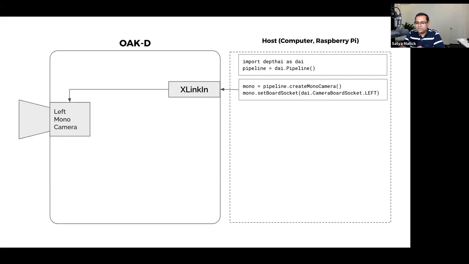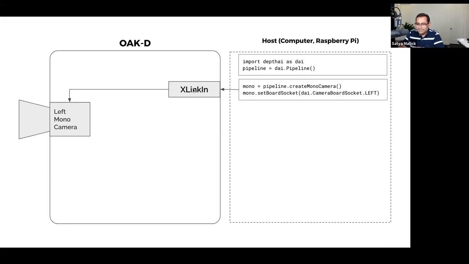Okay, so we created this mono, and then we use this code: mono.setBoardSocket. It's slightly cryptic. I wish slightly different words had been chosen, but that's fine. This is the way to say that I want to access the left camera. Internally, an XLinkIn node has been created, which means that now we can communicate through this node with the left camera.